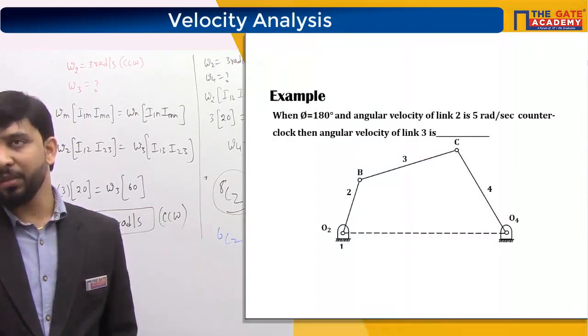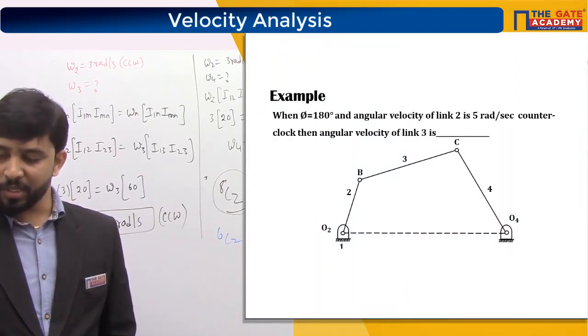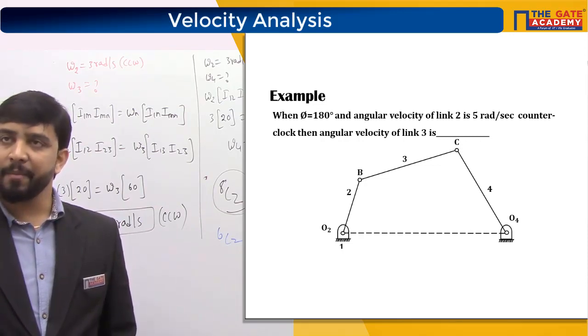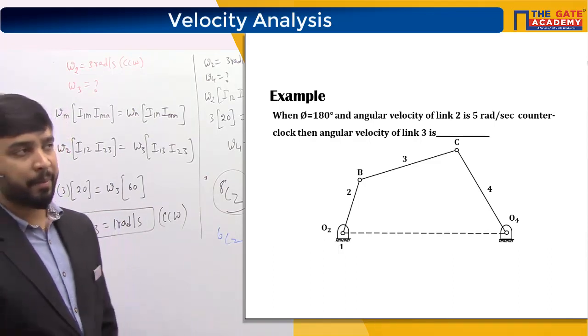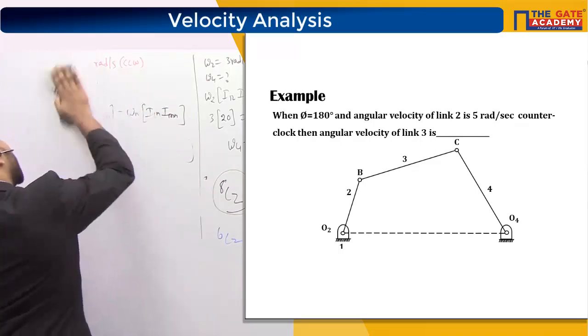Try to answer this question. When phi is 180 degrees, velocity of link 2 is 5 radian per second counterclockwise, then angular velocity of link 3 is. So phi is the angle between fixed link and link 2, okay? It's a very similar question.